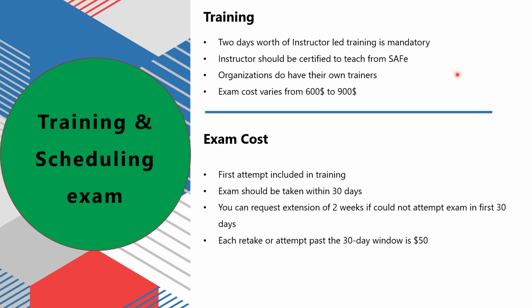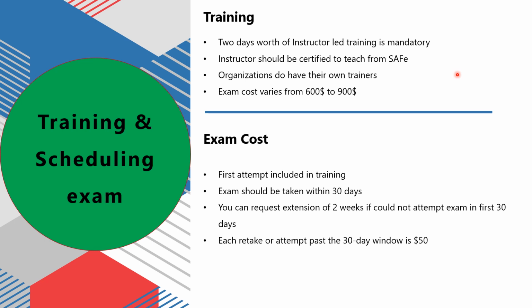So for this certification, 2 days of instructor-led training is mandatory, and instructor should be certified from SAFe in order to teach this course. Most of the organization have their own trainers who are certified from SAFe, and they arrange this training in-house.